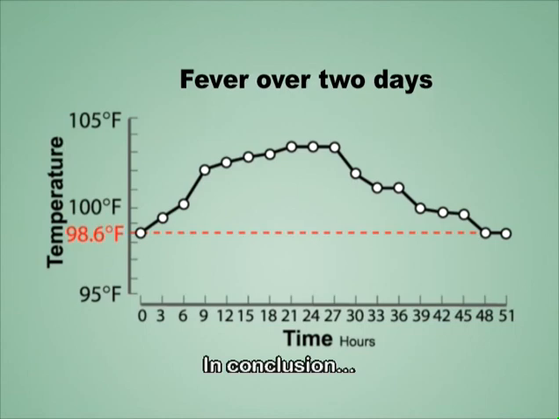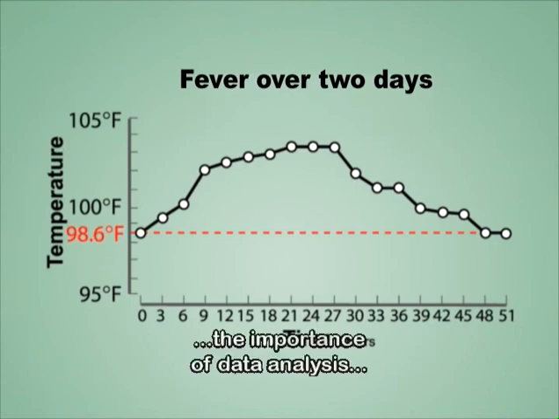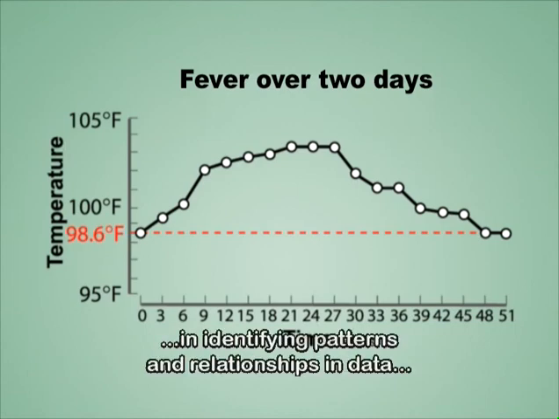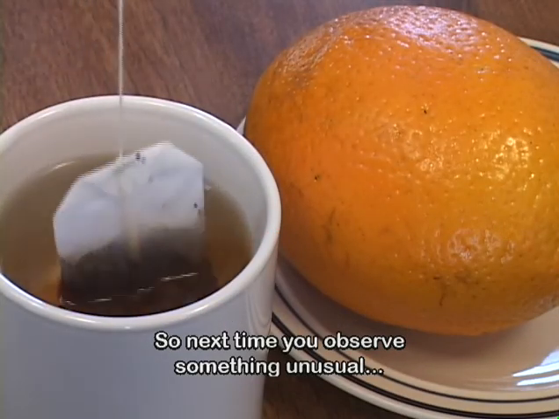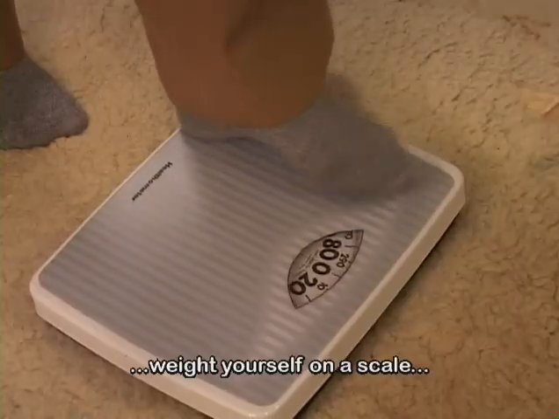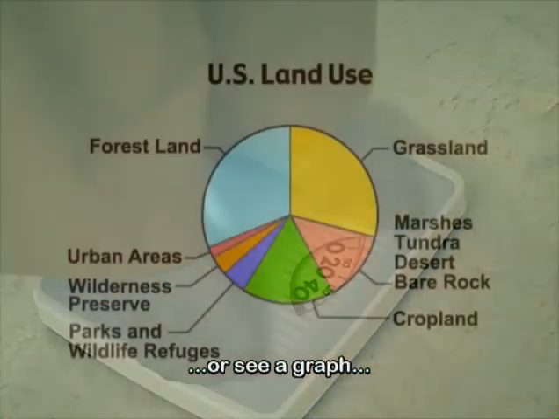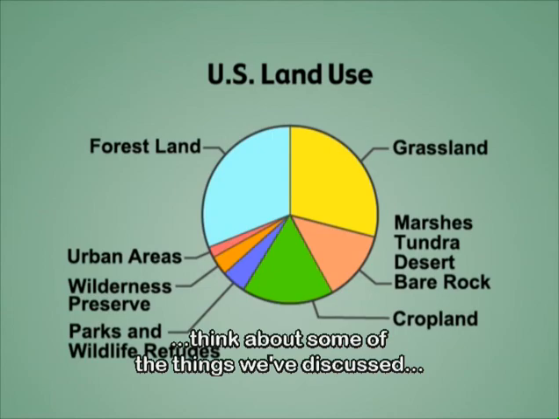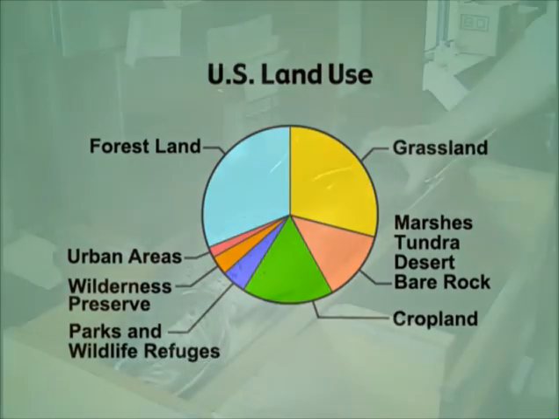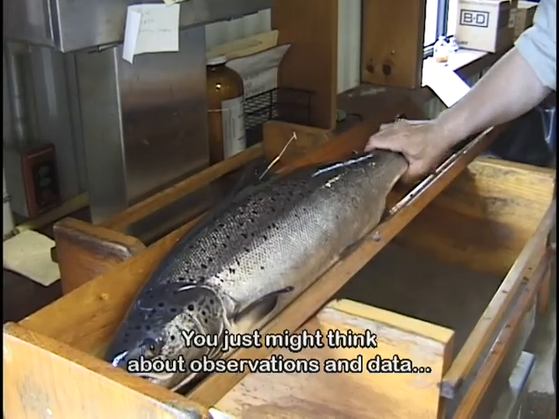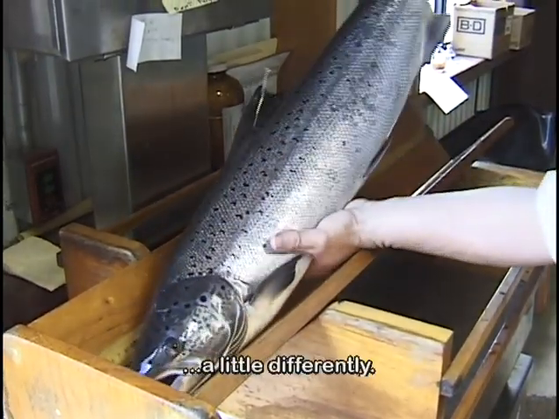In conclusion, the importance of data analysis in identifying patterns and relationships in data was stressed. So, the next time you observe something unusual, weigh yourself on a scale, or see a graph, think about some of the things we've discussed during the past few minutes. You just might think about observations and data a little differently.